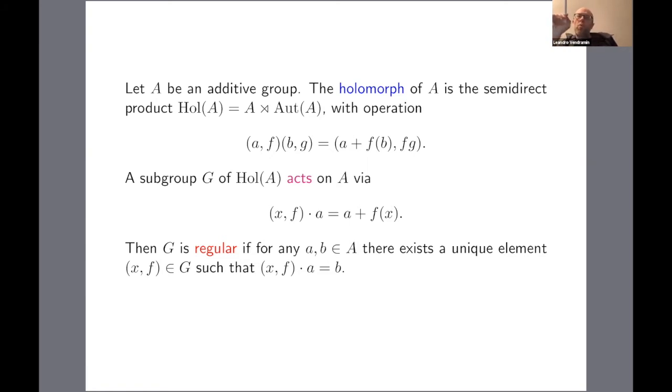So you start with a group, an additive group, so the operation is plus, maybe not commutative. Then you consider the holomorph of your group A, which is this particular semi-direct product. Of course, here the action is the natural action of the automorphism group on A, and you say that a subgroup of the holomorph acts on A with this formula, and you say that a subgroup G of the holomorph is regular if this action is regular.